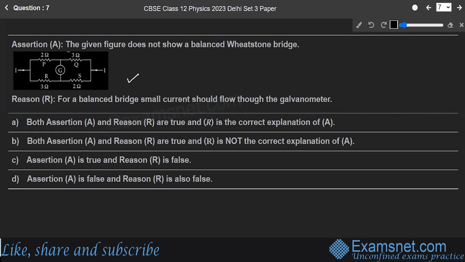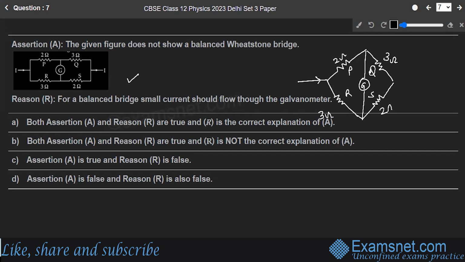This figure can be simplified: here you have a 2 ohm resistance, let's say that's P, and here you have a 3 ohm resistor, let's say that is Q, and in the middle you have the galvanometer. So this is PQRS, and this is equal to 3 ohm, and this is 2 ohm.